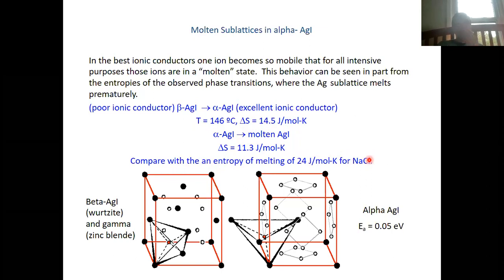Okay, because of that, we would assume that the entropy change associated with the melting of sodium chloride will be, sorry, it does not have the same crystal structure, of course. Sodium chloride has the sodium chloride crystal structure, but still, despite the crystal structure, the entropies are comparable because the entropies within crystals for different crystal structures actually don't vary significantly.